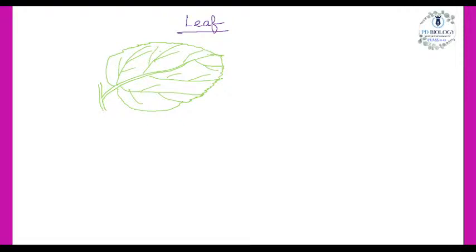Reticulate venation is also an important part; we will read it later.